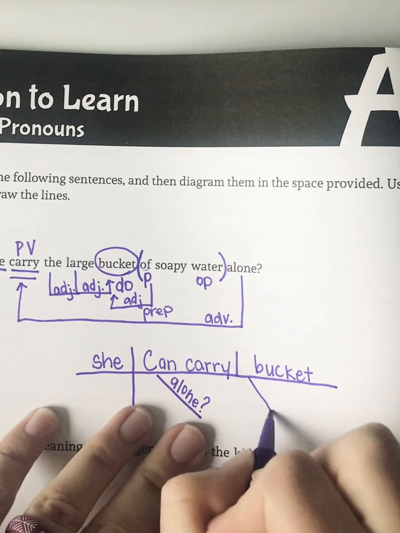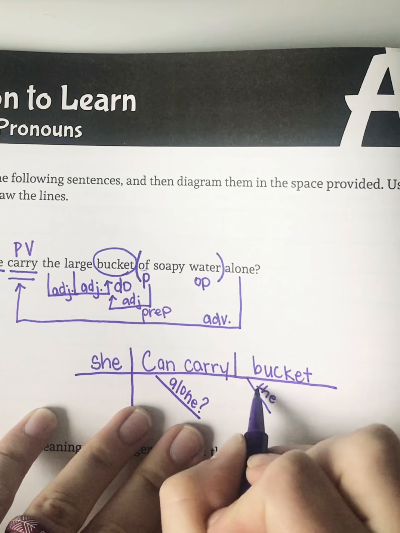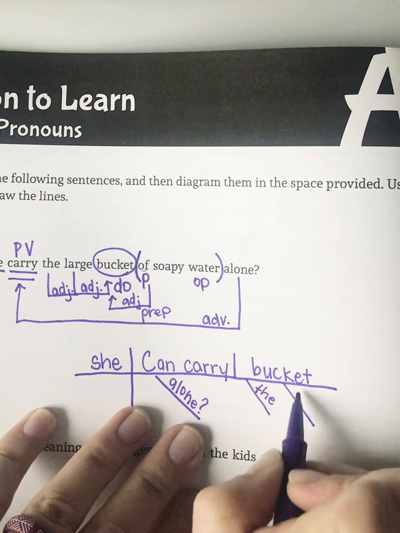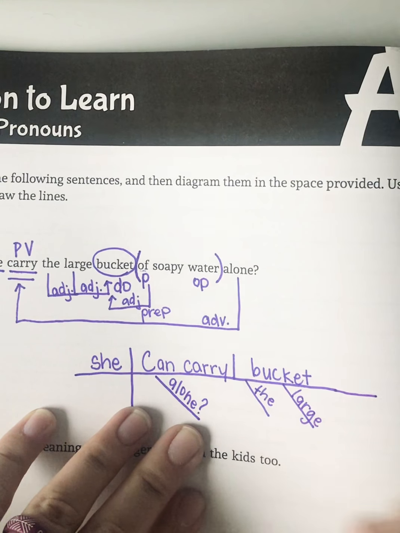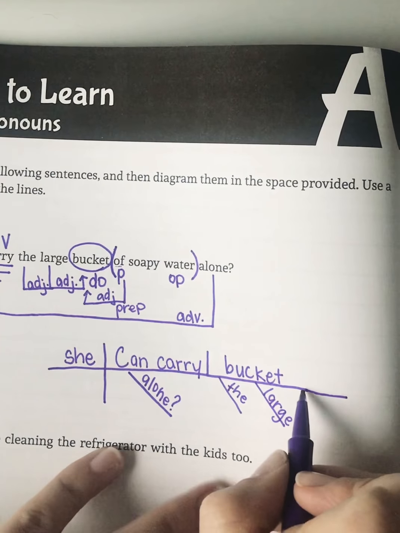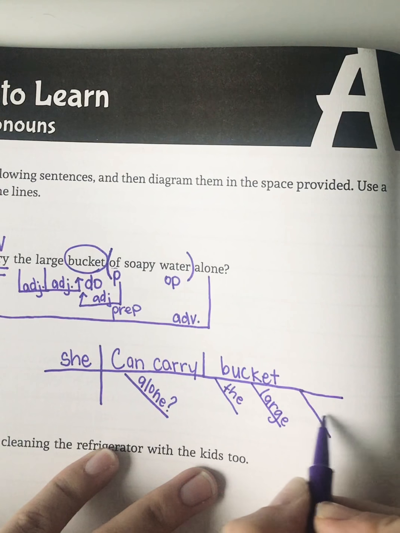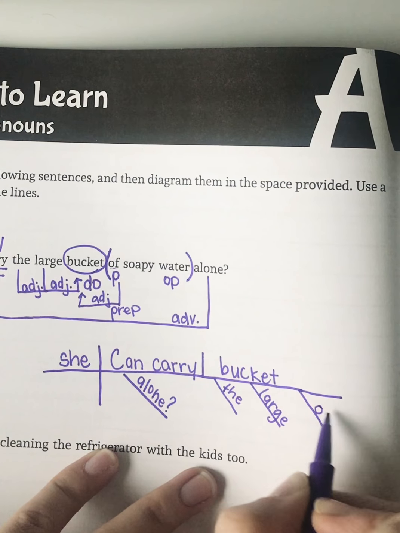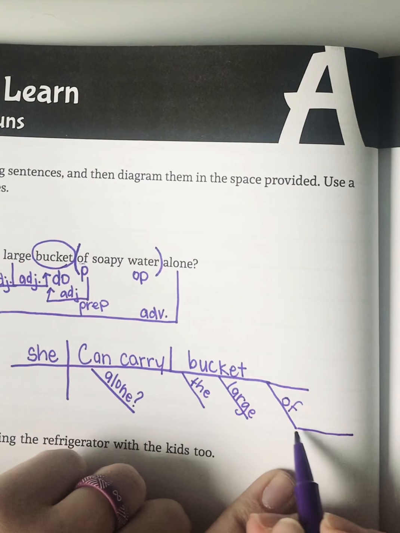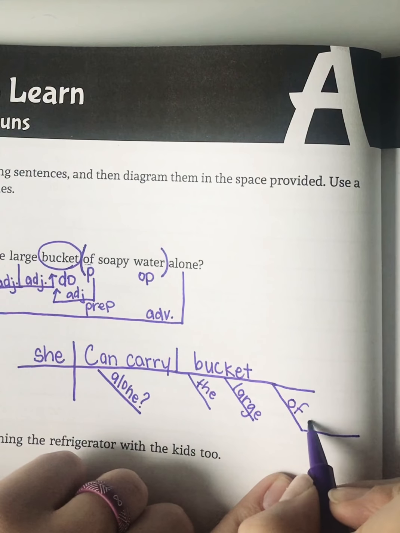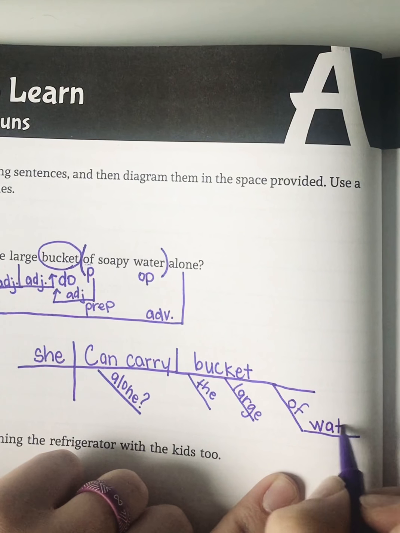So I have the, I have large, and then I have my prepositional phrase. So remember, the preposition goes on this slant. My preposition was of, and on this little, I guess, floor that comes out, I would put my object of the preposition, which is water.